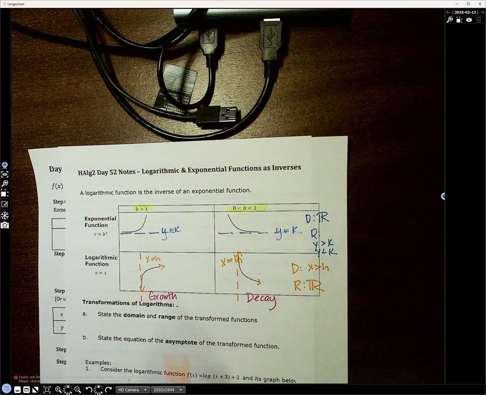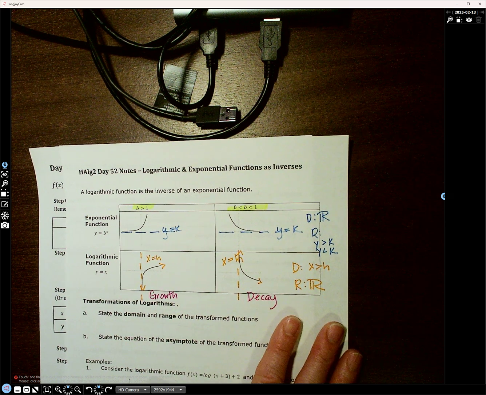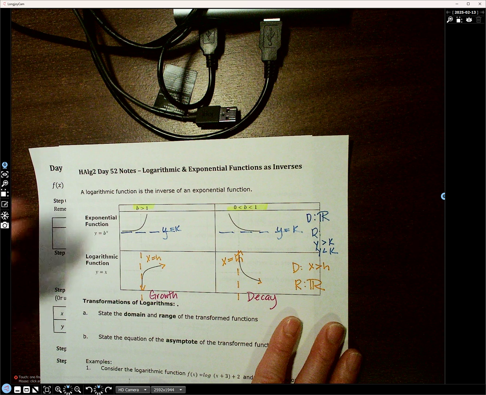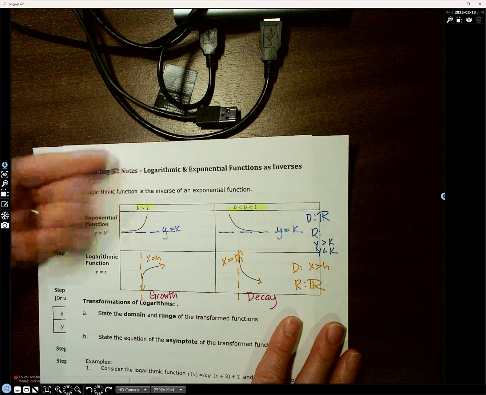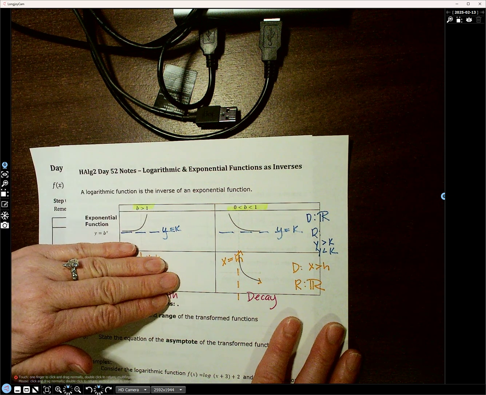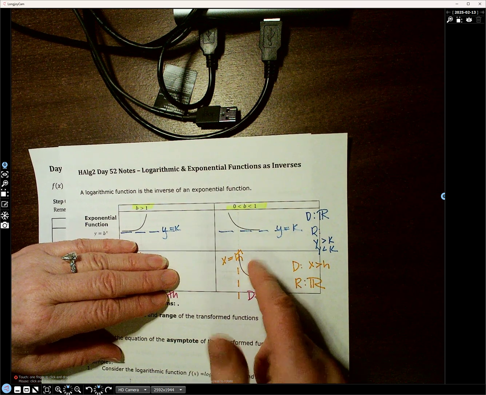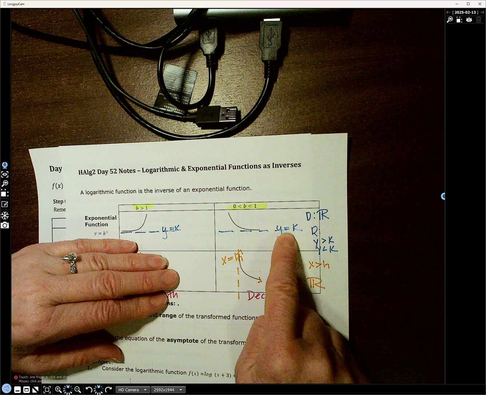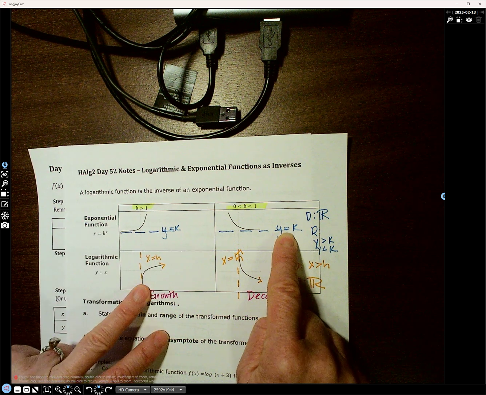So one of the things that is not pictured here, I'm not going to draw it on there to make it too visually busy, but all of these pictures are picturing a greater than 1. So there is also the idea that, as we've known with growth, this is growth. It's either positive growth, or flip it over that asymptote, negative growth. This is positive decay. If I flip it over the asymptote, that shape would be negative decay of an exponential, which looks so much like a log, right?